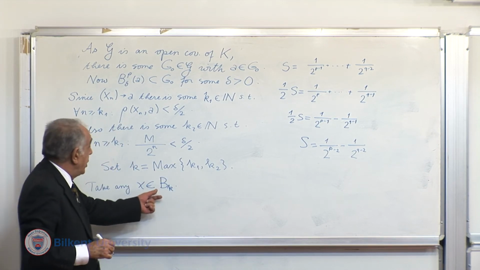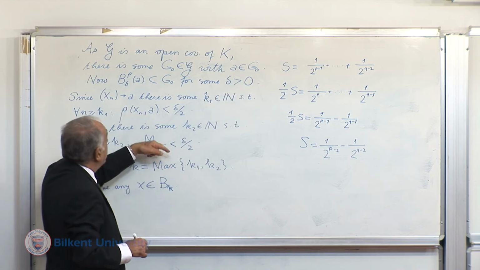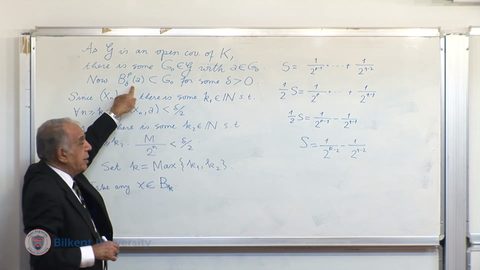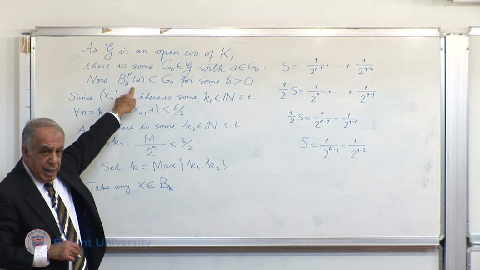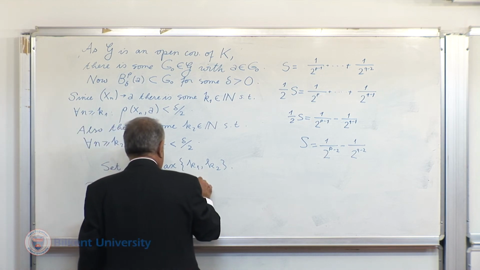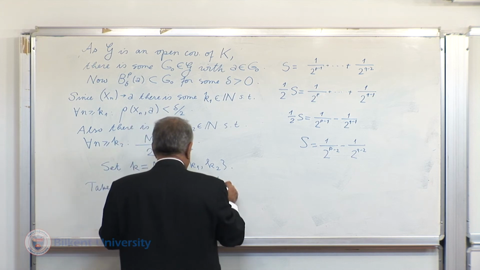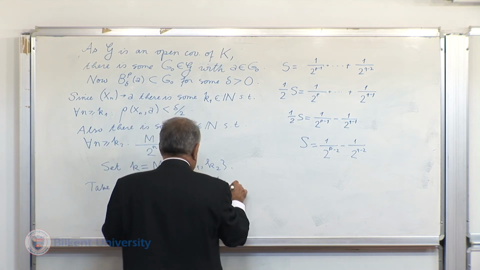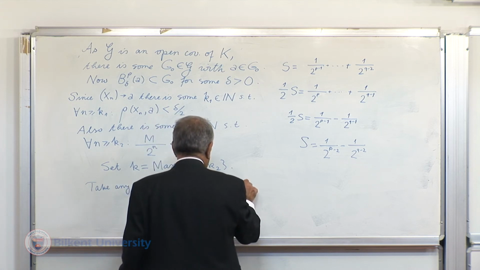Well, we wish to show that x is in G0, but now we have it done in such a way that we can show that x is in this delta ball about A. Well, to show that, let us consider the distance between x sub k, that's the center of this, and A.